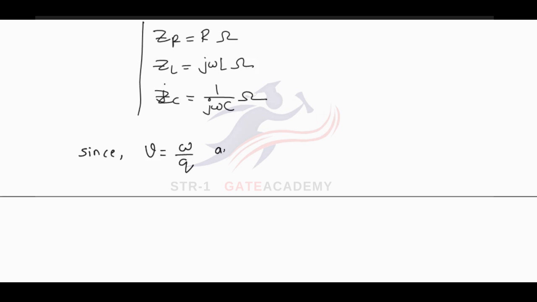Since we are in series, the current remains the same. So I is equal to dq by dt. This remains the same in series.